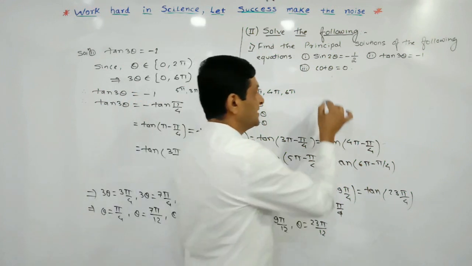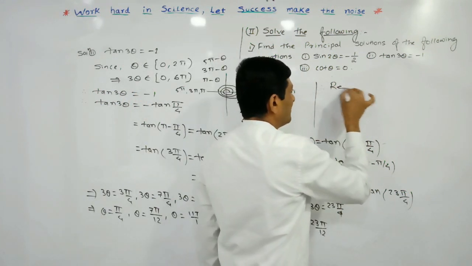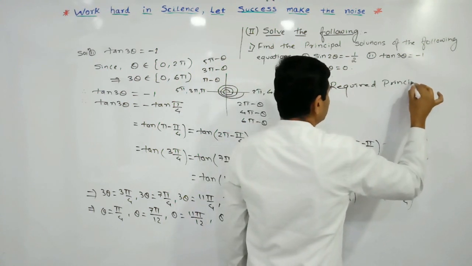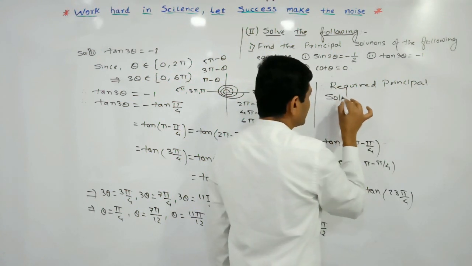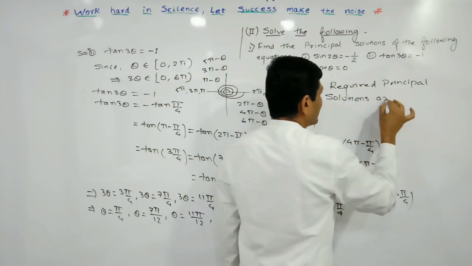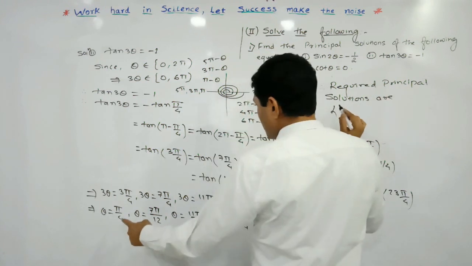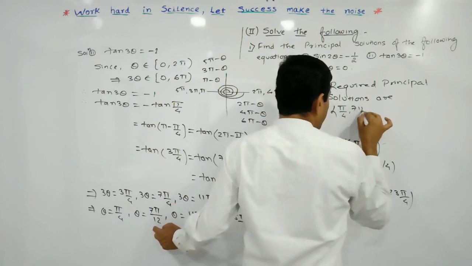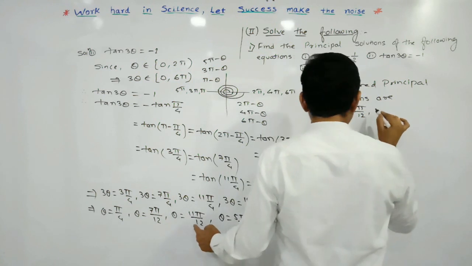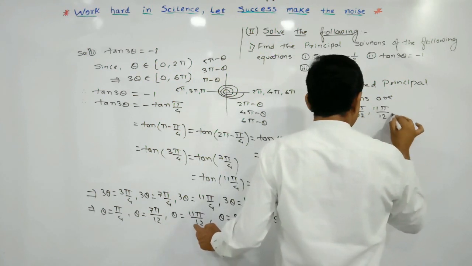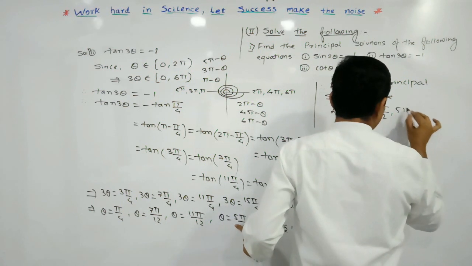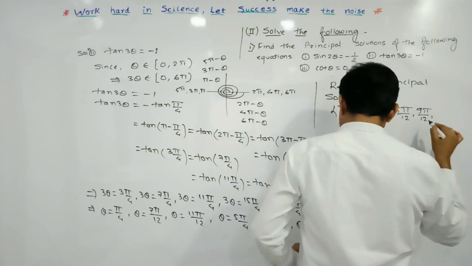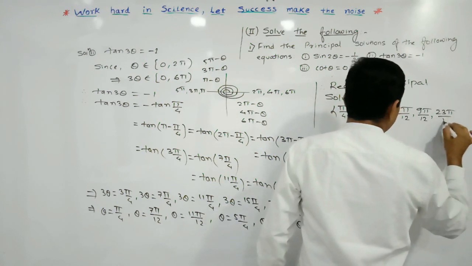In this way we have got 6 values of theta, and these values of theta are called principal solutions. So lastly we can say that the required principal solutions are, the first value is pi by 4, the second value is 7 pi by 12, the third value is 11 pi by 12, the next value is 5 pi by 12, the next value is 9 pi by 12, and lastly 23 pi by 12.